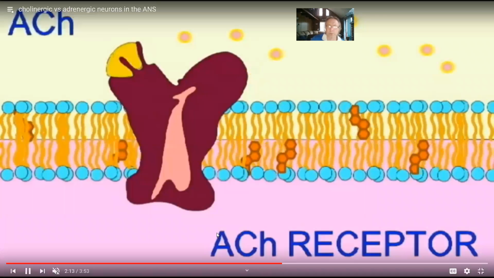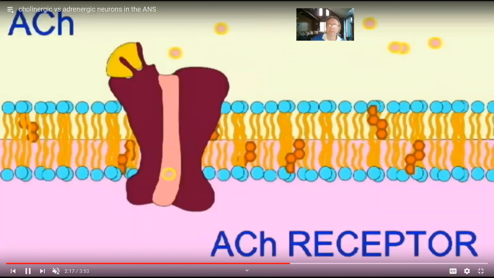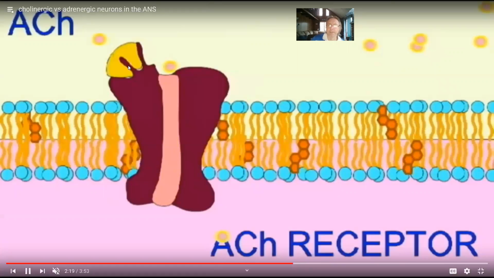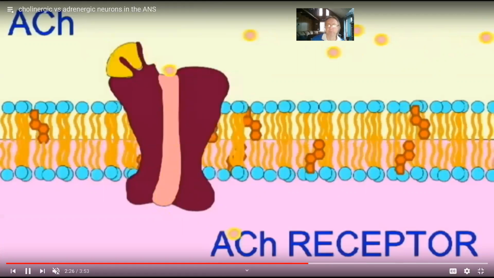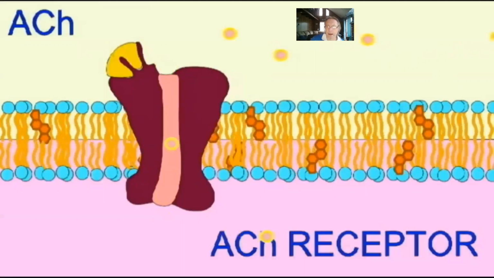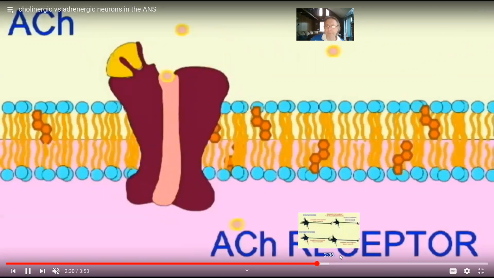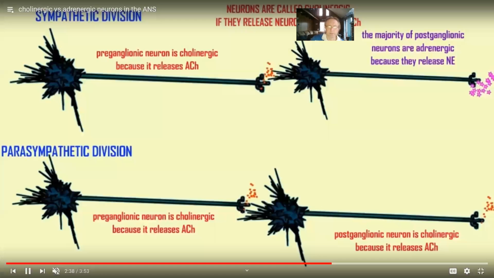However, we can also ask, how do we respond to receptors? Well, a receptor is cholinergic if it responds to acetylcholine. A receptor is adrenergic if it responds to epinephrine or norepinephrine. So this gets a little more complex.